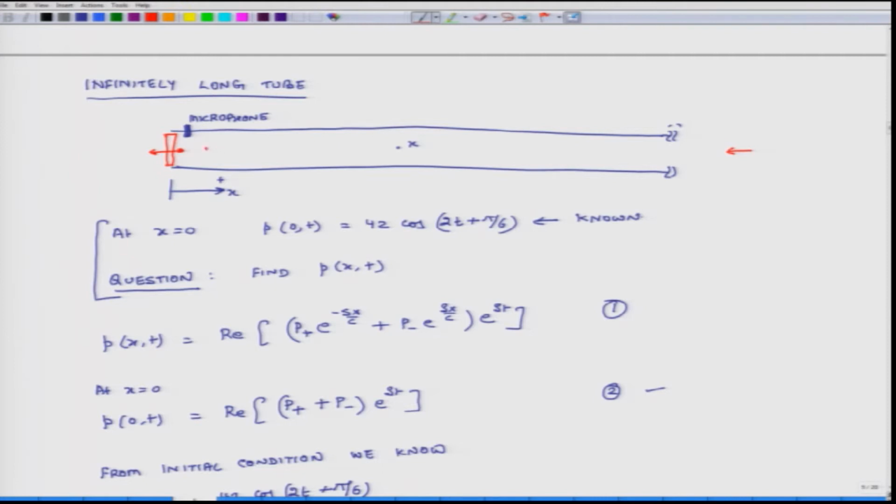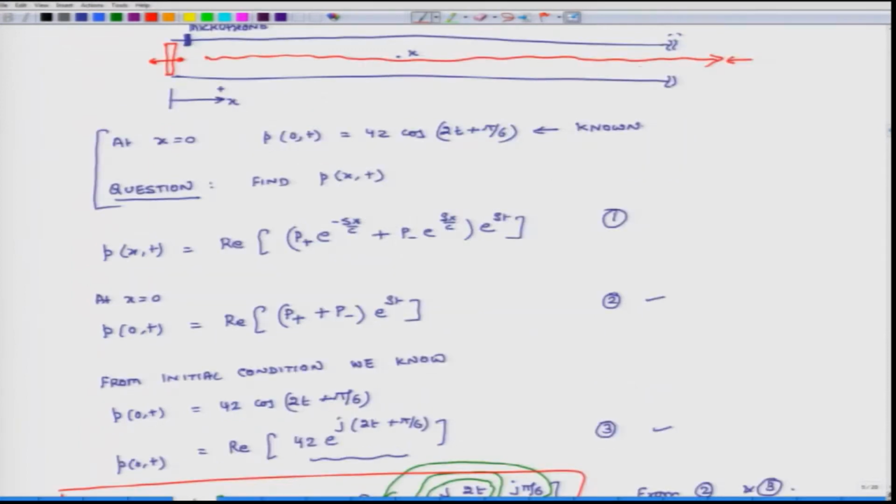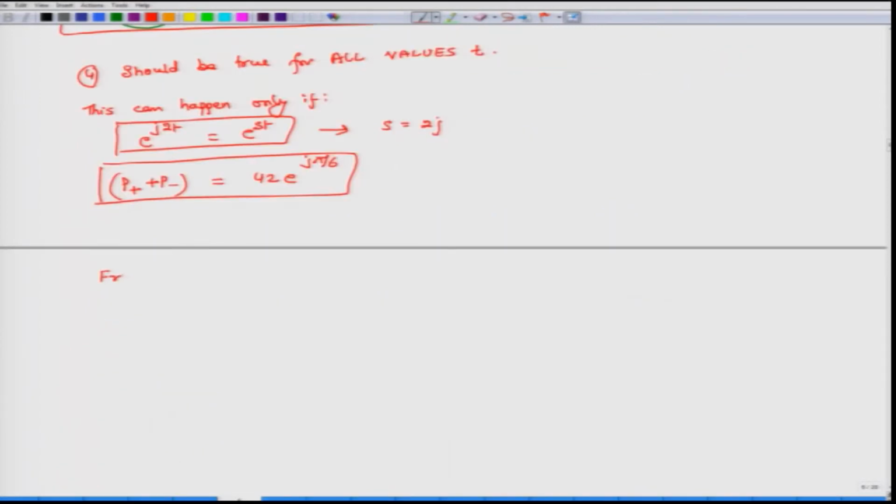So, once a wave starts, it will just keep on going forward only, because it will never get a chance to hit a wall and reflect back. Based on this understanding of the physics of the problem, we can say that the amplitude of the reflected or backward travelling wave is 0. So, from the physics of the problem, p minus equals 0.